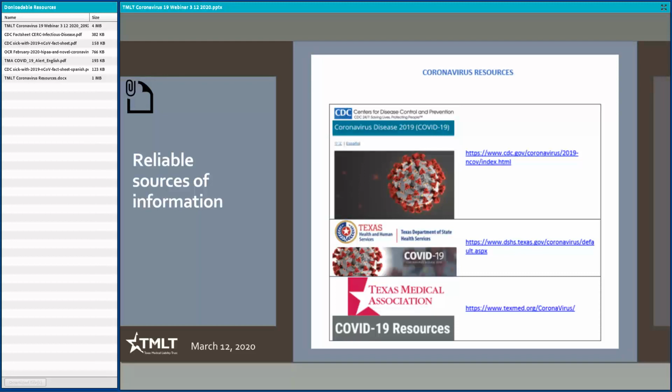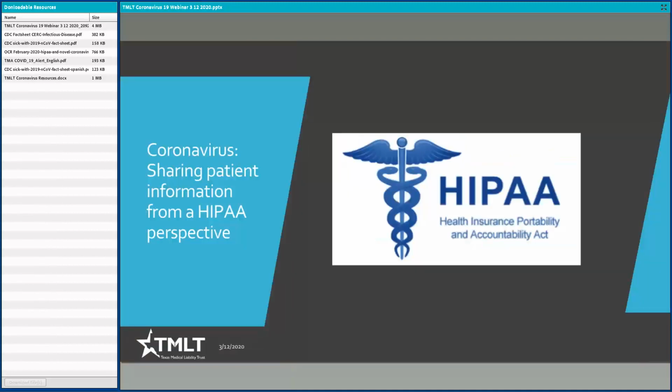All three of these websites have put tremendous effort into organizing their COVID-19 or coronavirus information to make it easy for you as a provider or as a medical practice. And probably the most important thing to take away is that having reliable sources of information is the key to keeping information flowing in your organization.